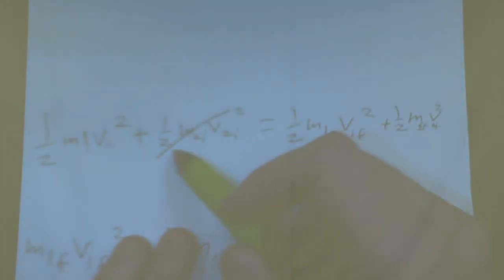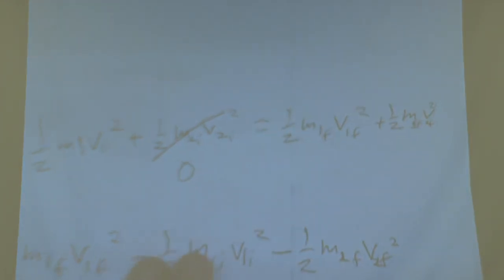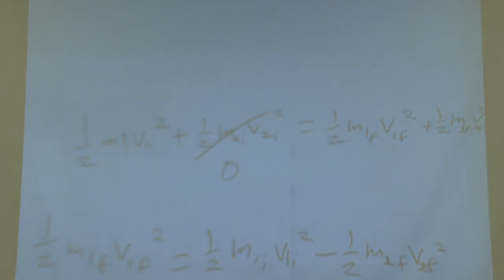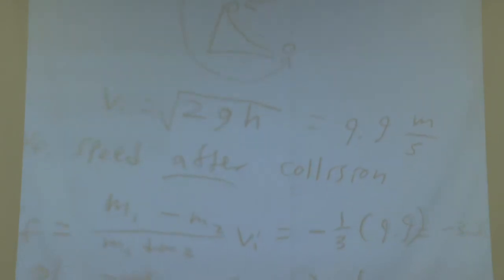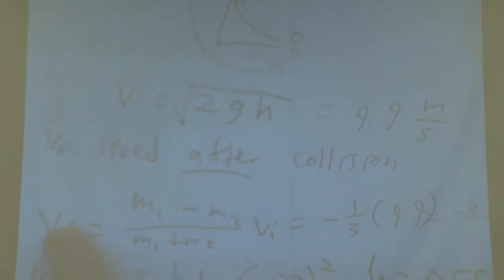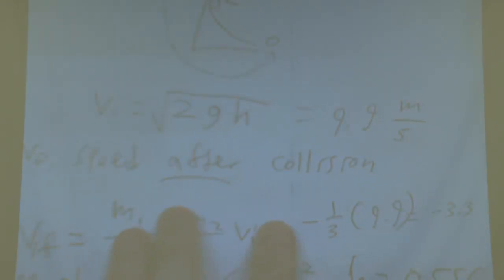Now remember, the second one starts at rest, so that term is gone, okay? And I got a little tripped up in my own math, and I don't want to show you wrong stuff, but I can tell you that if you take this heinous thing and manipulate it, you will get this, okay? You have to solve for V1F, and that is what we're going to get.